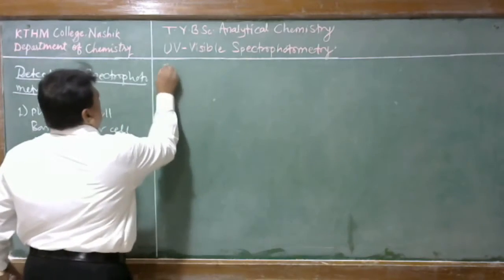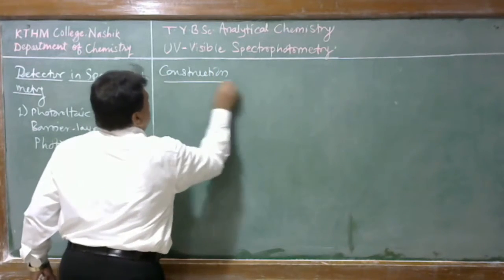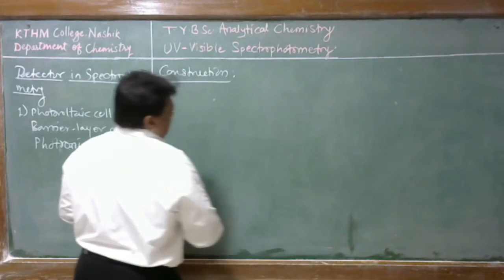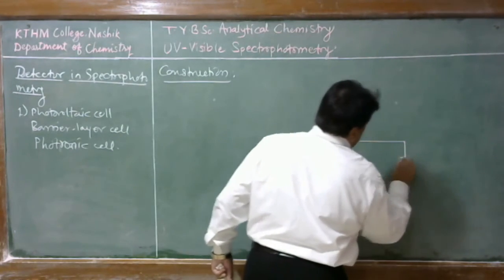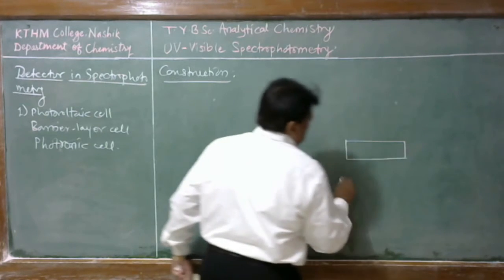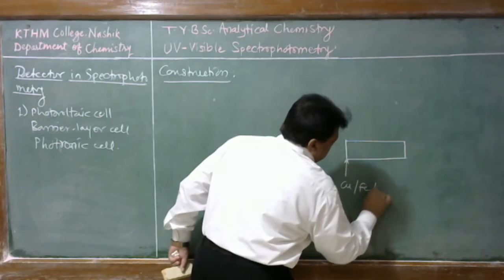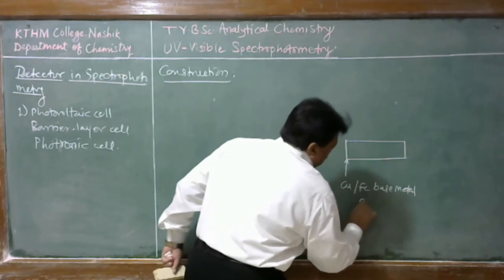The construction of barrier layer cell. The barrier layer cell consists of a base metal that is made up of either copper or iron. This base metal acts as an electrode.